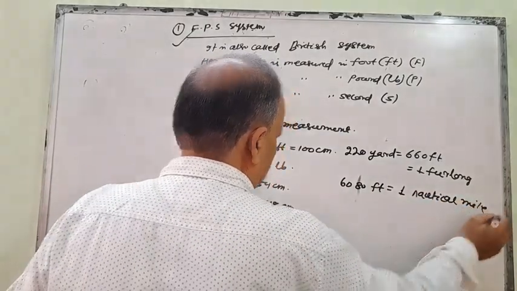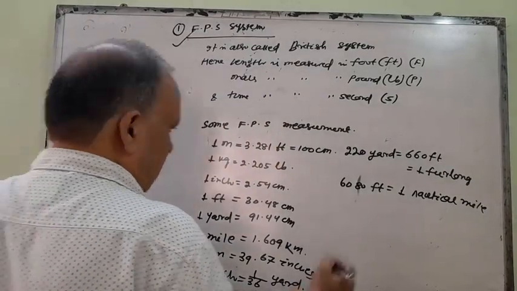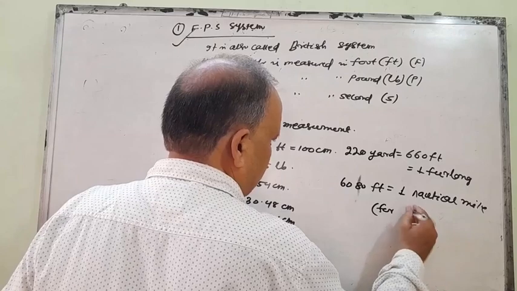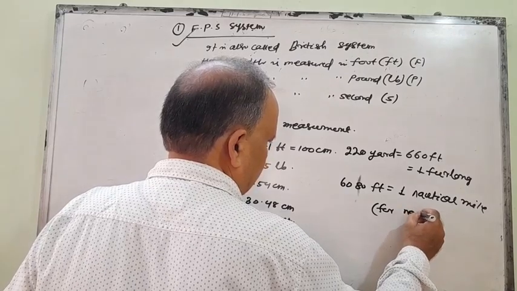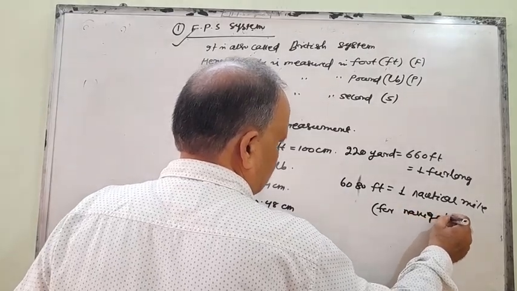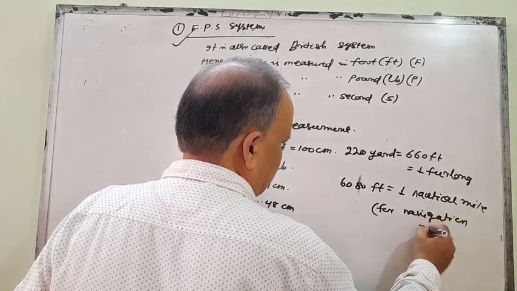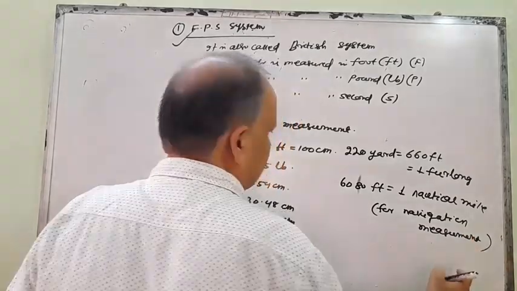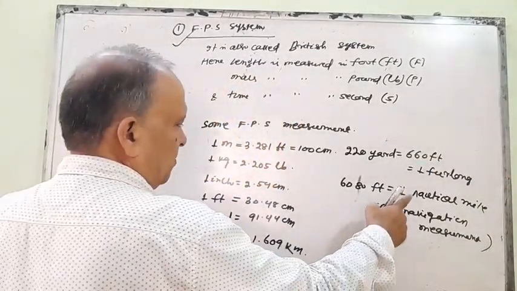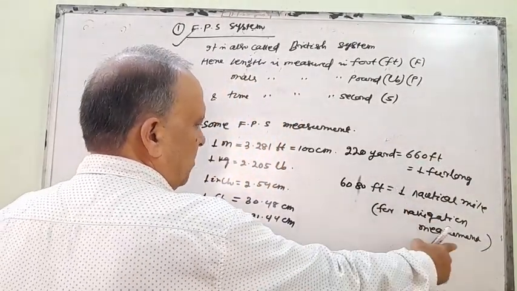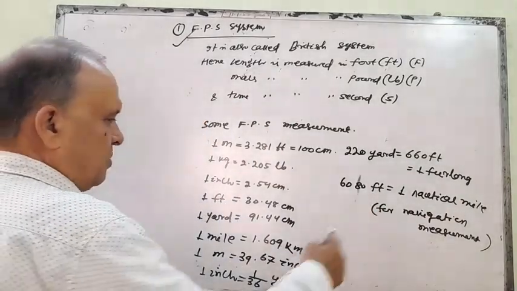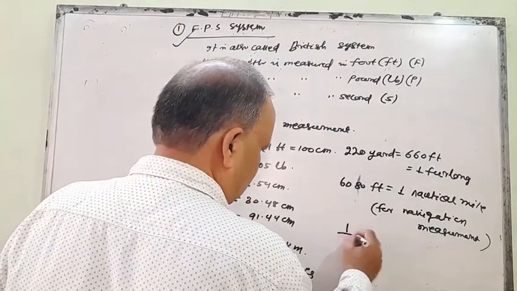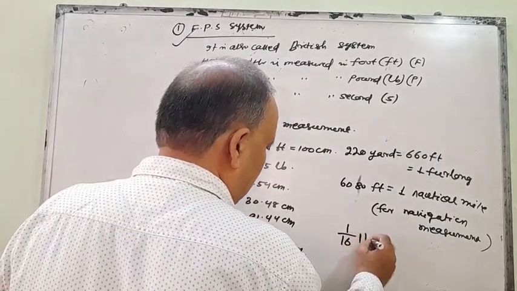Nautical mile is for navigation measurement. You just say this ship is at 50 nautical miles from shore. Measurement in the sea.